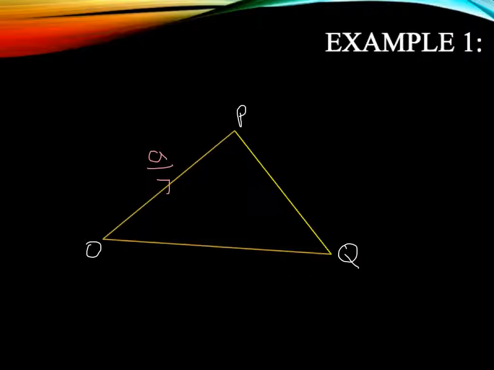And what this vector A is representing is the direction from O to P, as well as this exact length, O to P.